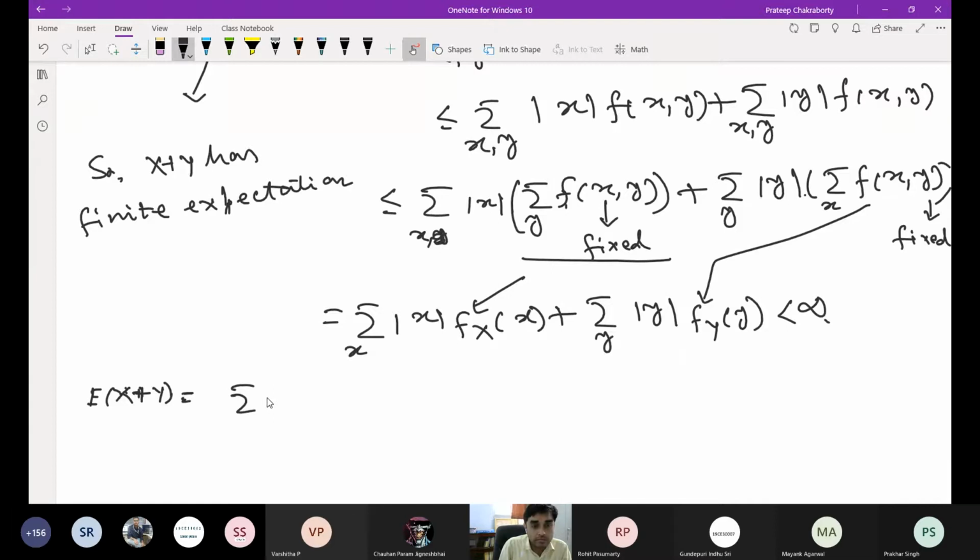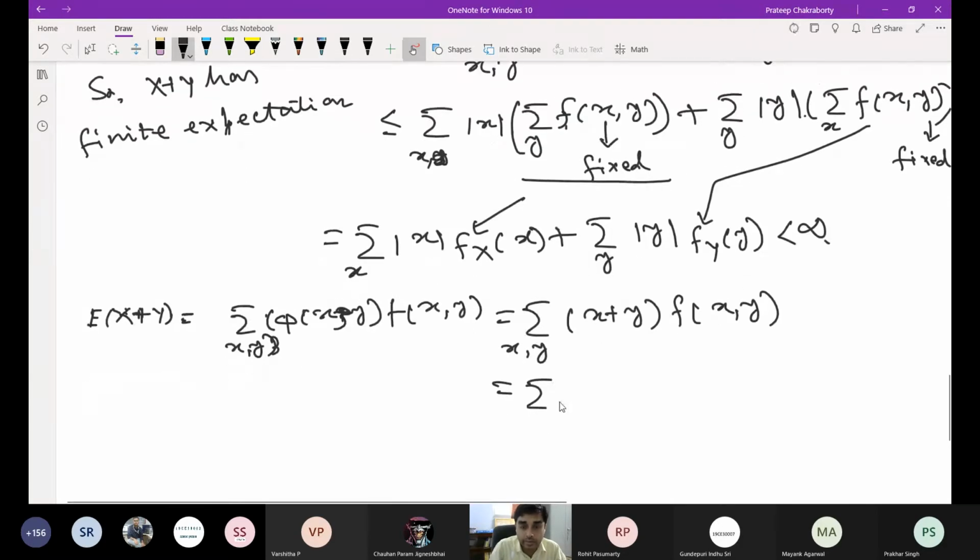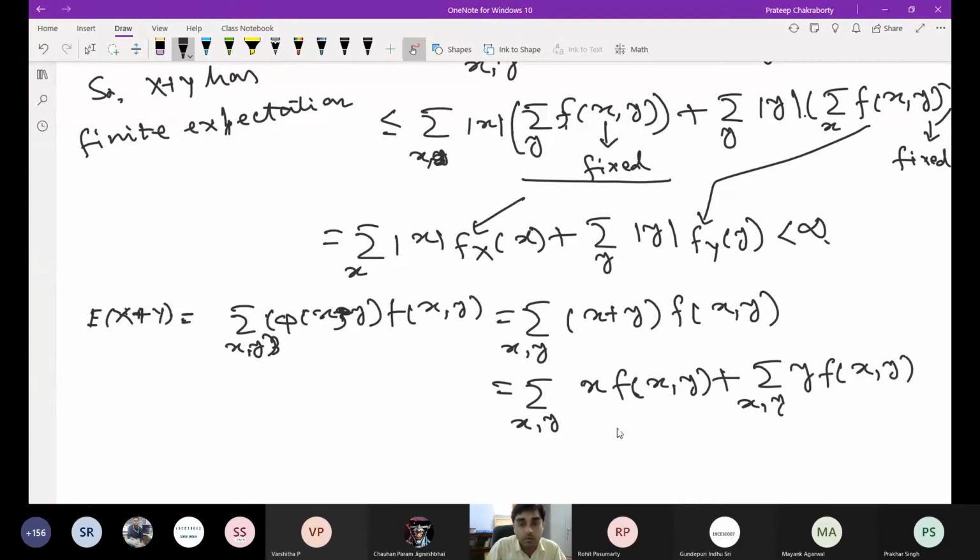So this is again the sum over x, y of (x plus y) f(x, y), and we'll break this into the summation over x, y of x f(x, y) plus the summation over x, y of y f(x, y).